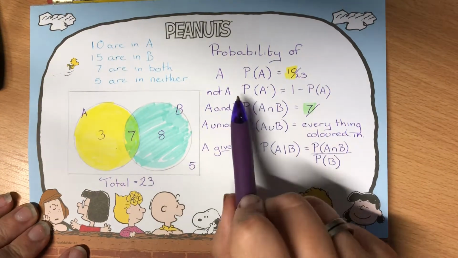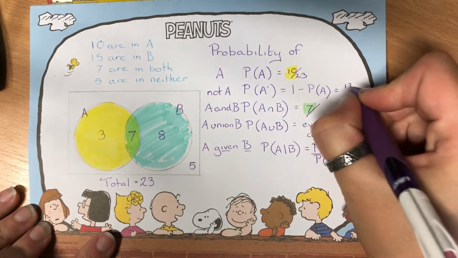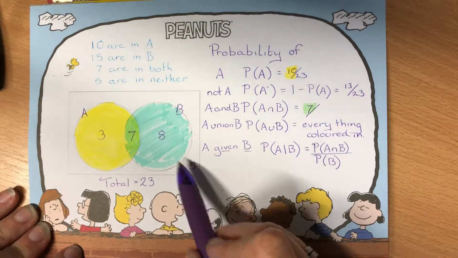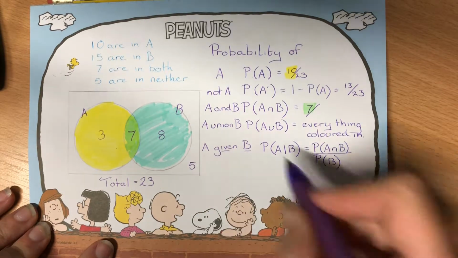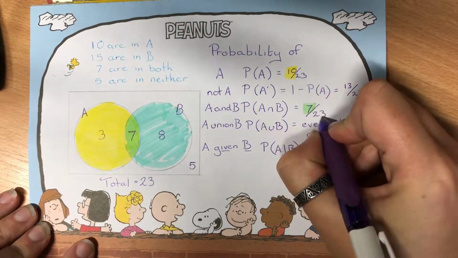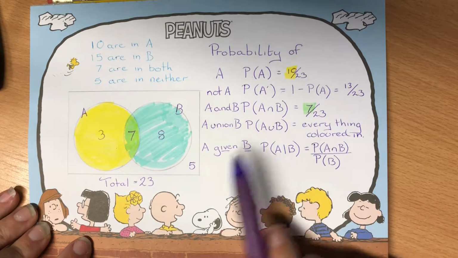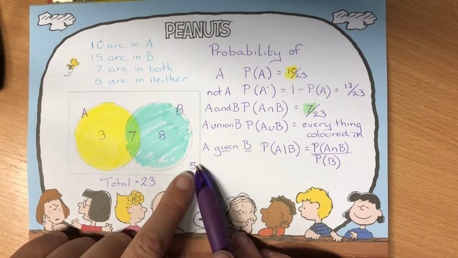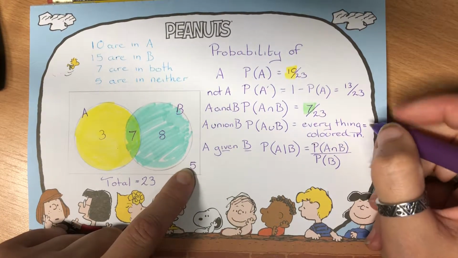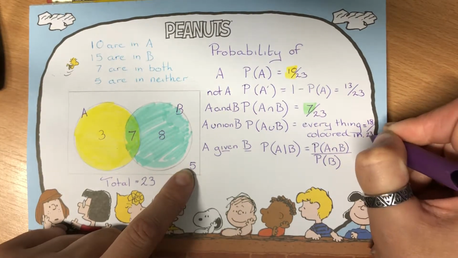The probability of not A is going to be 13 out of 23, either because you've added up those two, the ones that aren't in A. The bit that is both of them is 7 over 23. The probability of the union is going to not be this white bit, so for that, it'll be 18 out of 23.